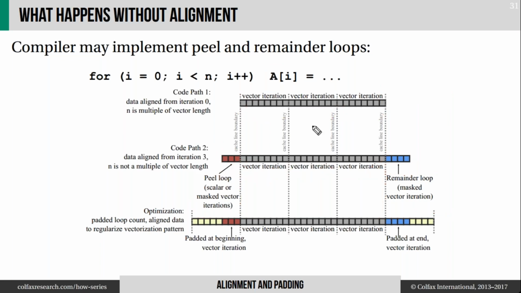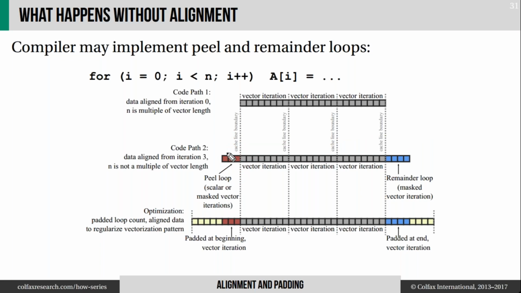But if your loops are short, if you just have a few iterations here, then loop peeling is actually overhead for you. And you may want to reduce or eliminate this overhead by shifting your data container so that you don't need peeling at runtime.